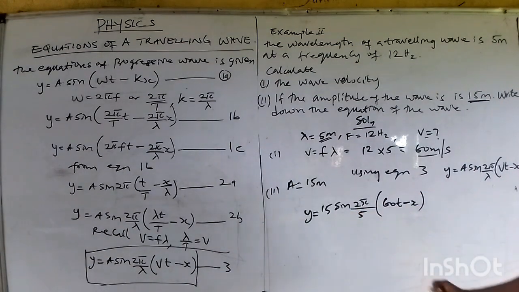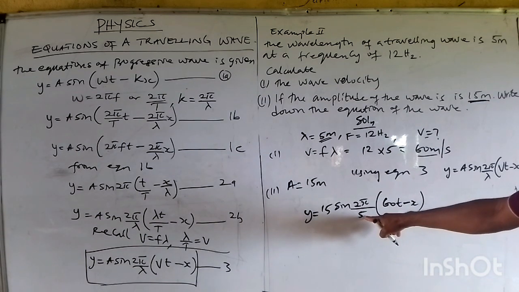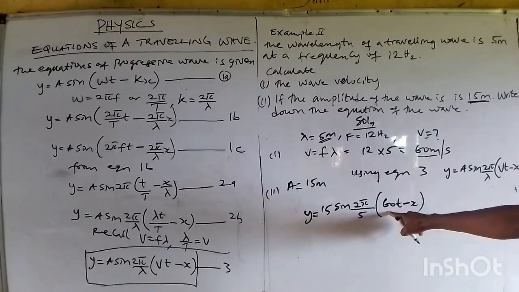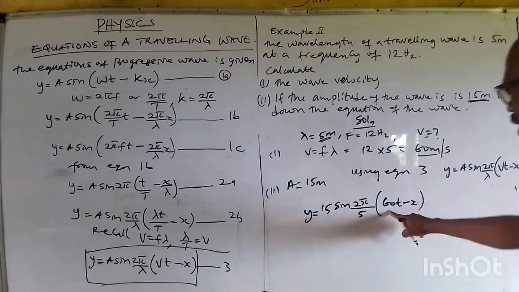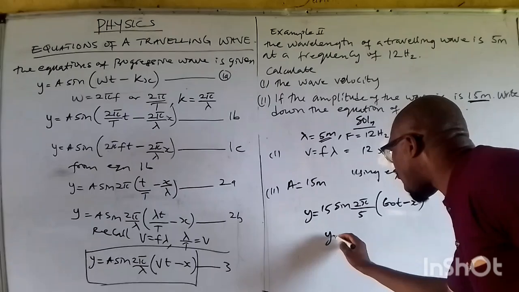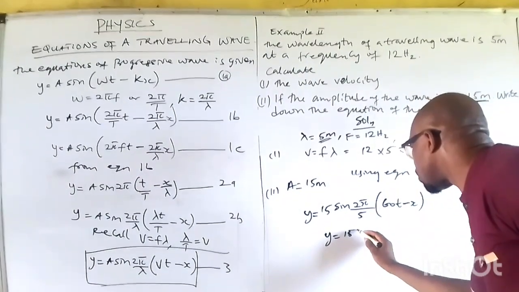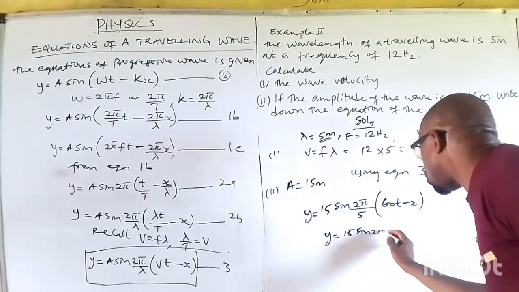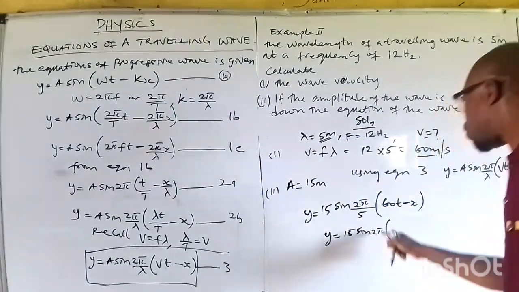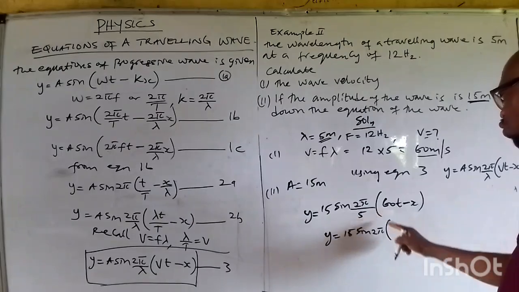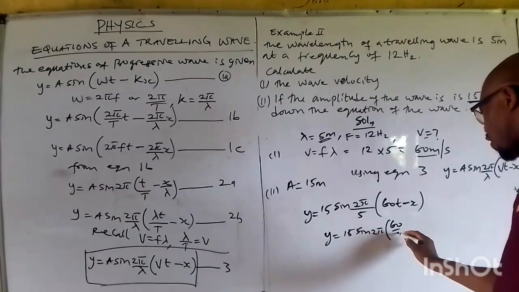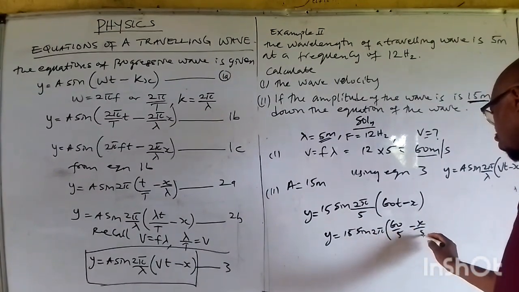Or we can still reduce this. Since we have 5 here, of course, 5 can divide this. So we can have that y is equal to 15 sine 2 pi into, if 5 divides this one, then we shall have 60 over 5 t minus x all over 5.